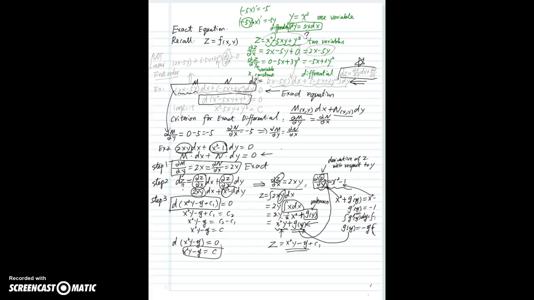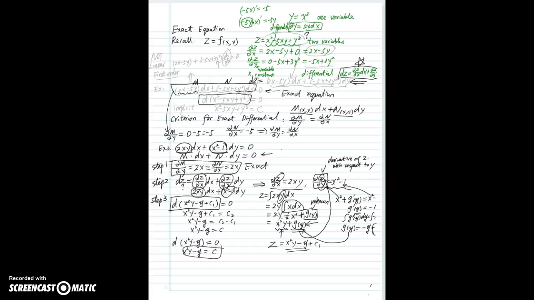So follow the formula we learned before. It's going to be dz equals the partial derivative with respect to x times dx plus the partial derivative with respect to y times dy. So this is the differential for the two variable function.